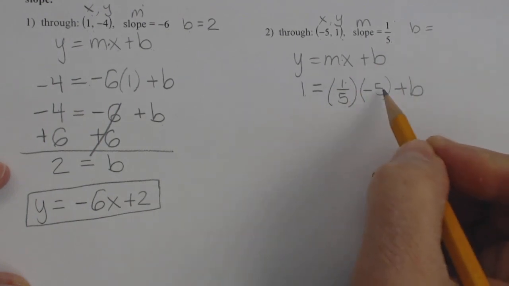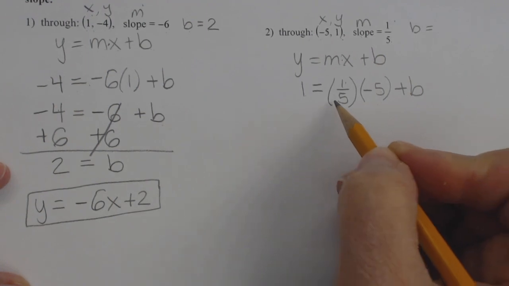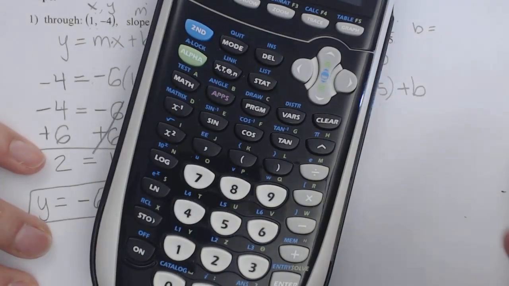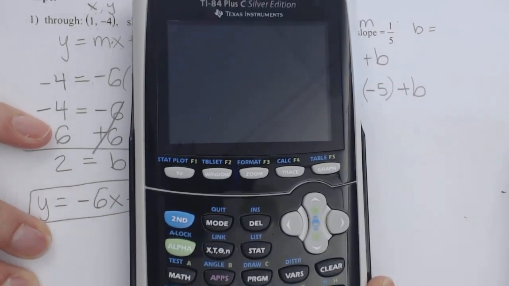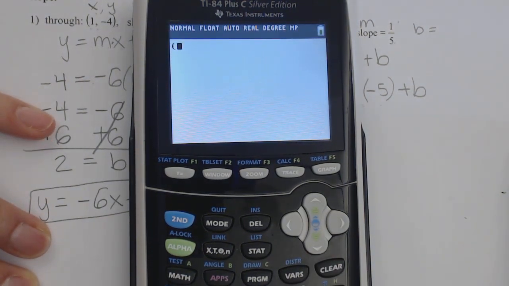Now, 1/5 times -5. In your graphing calculator, the parentheses are above the 8 and above the 9. So if you use these parentheses, I'm going to show you, because I do not want you to get confused with the fraction.